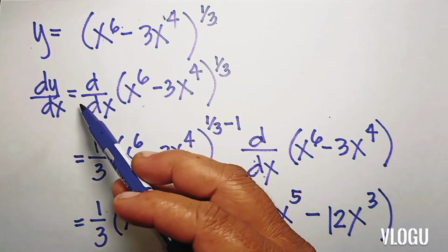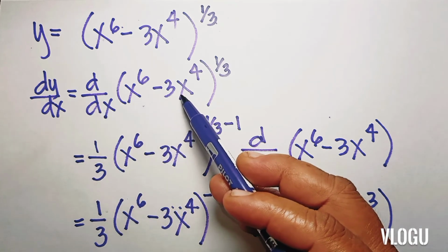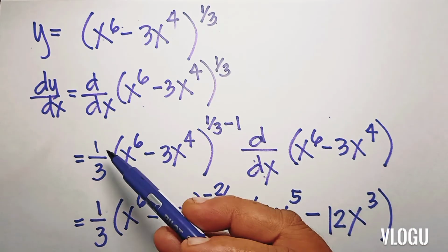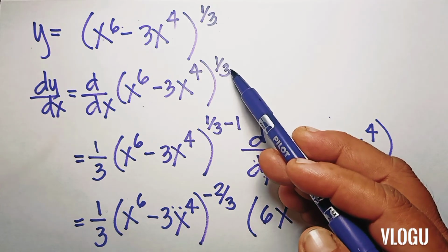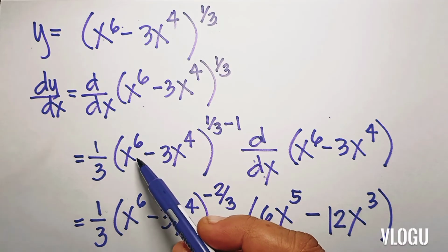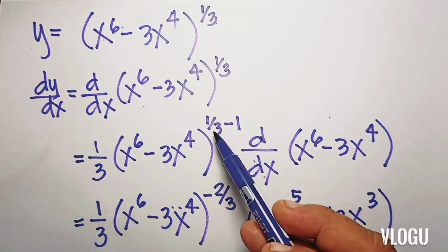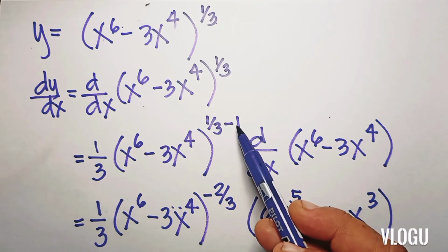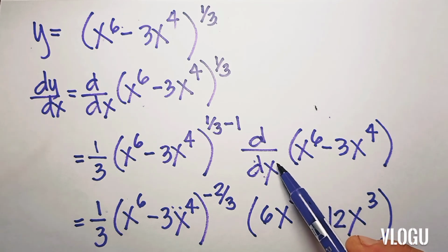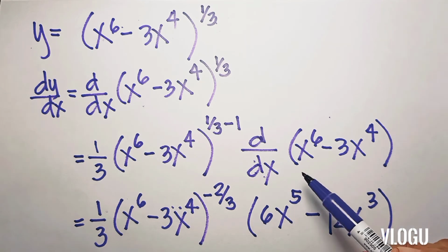So, the derivative of y is the derivative of x to the 6 minus 3x to the 4th raised to 1/3. 1/3 here is your exponent, so multiply that. You will have 1/3 times x to the 6 minus 3x to the 4th, raised to 1/3 minus 1. Then after that, you will have the derivative of u without exponent, that is du over dx.